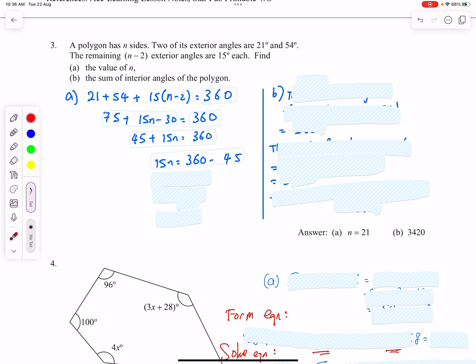Bring over the 45, minus 45 on both sides. I will get 315. I don't want the 15, so divide by 15 on both sides. I'll get 21. Now I want to calculate the sum of interior angles. What I can do is use the formula, but this is not a regular polygon.